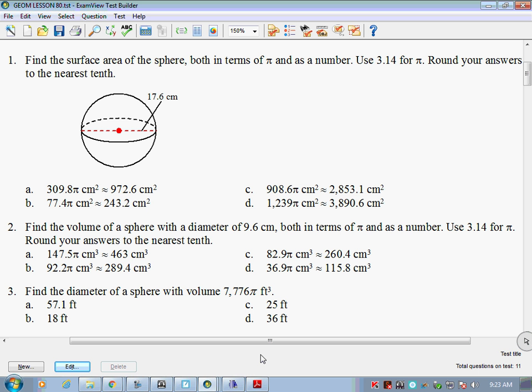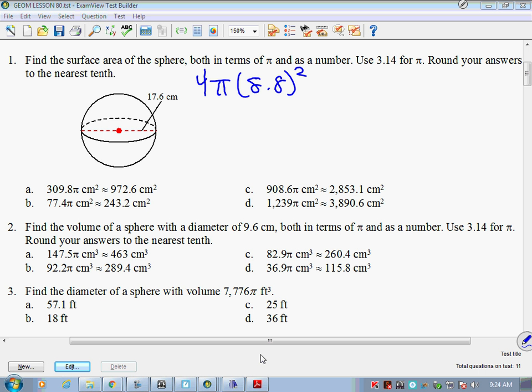All right, so what is 17.6 divided by 2? 8.8. All right, what was the surface area formula for a sphere? 4 pi r squared. So 4 pi times 8.8 squared. So the first case, we just want to solve it in terms of pi. So we're just going to take 8.8 and square it and then multiply that by 4.